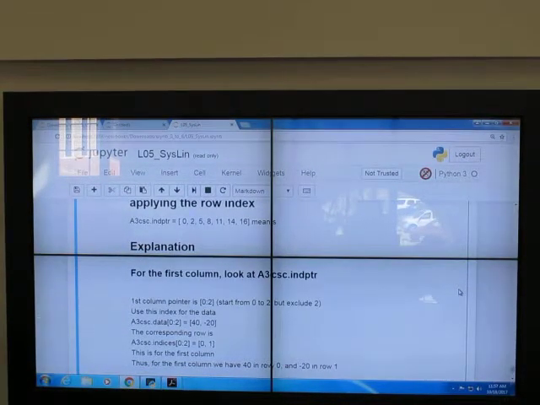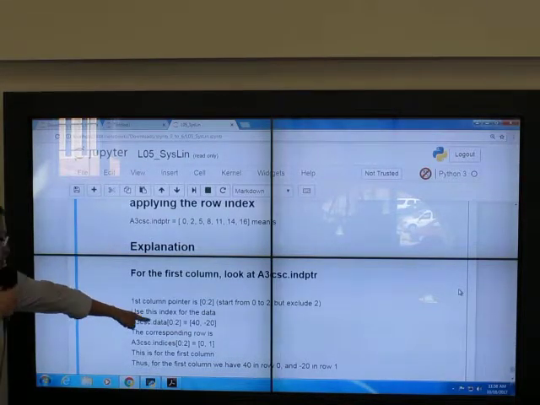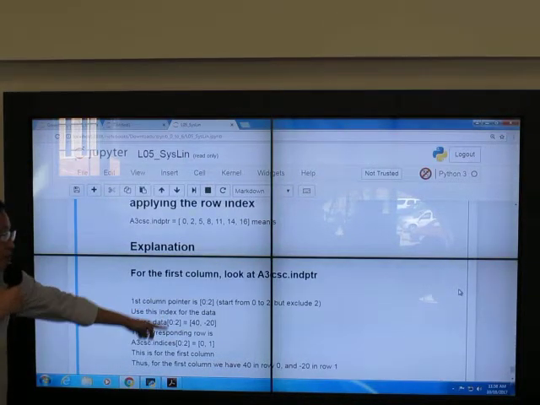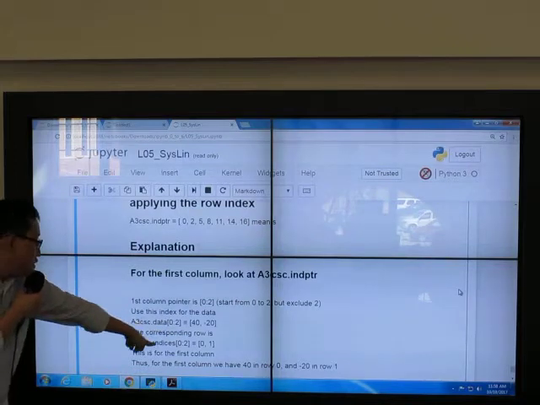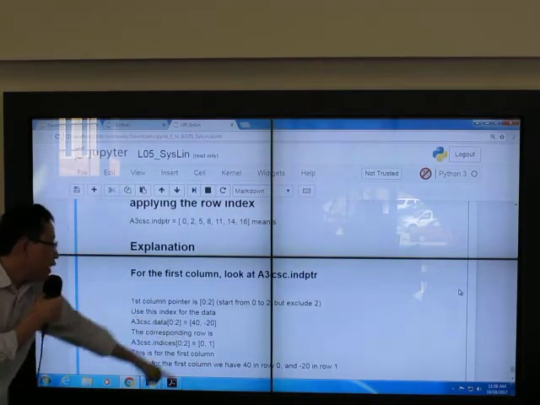Pointer is just where do I start, where do I stop, or how I split. So A3 CSC data from 0 to 2 is 40 and minus 20. The corresponding row is dot indices 0 to 2, so it's row 0 and row 1.